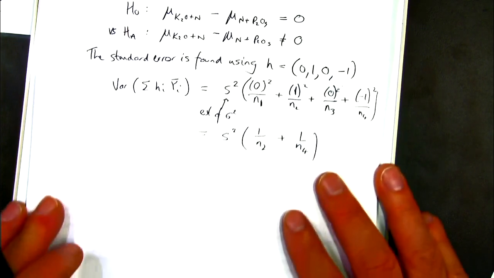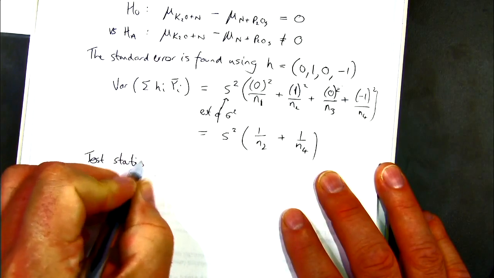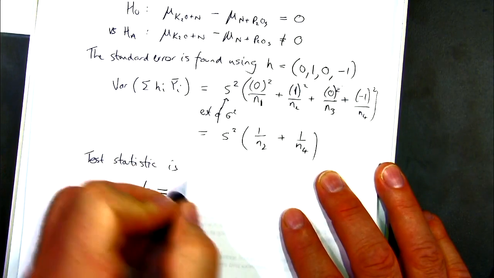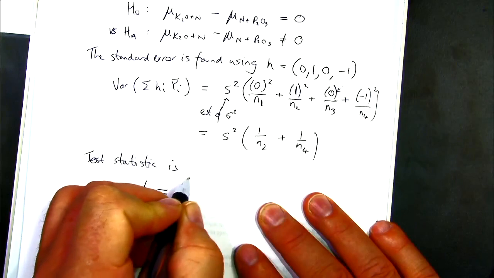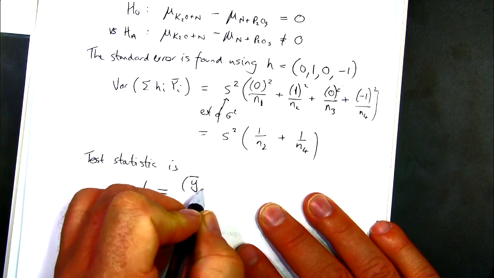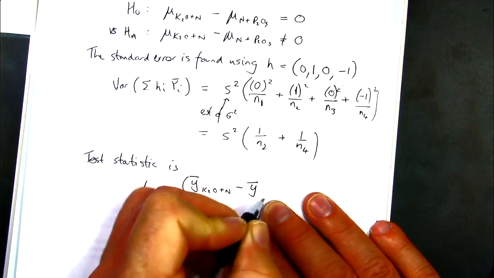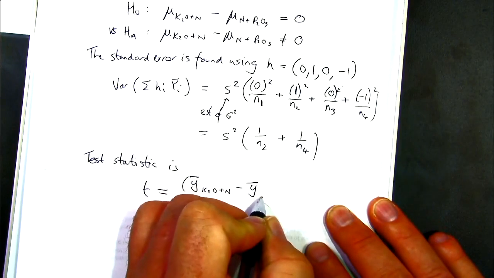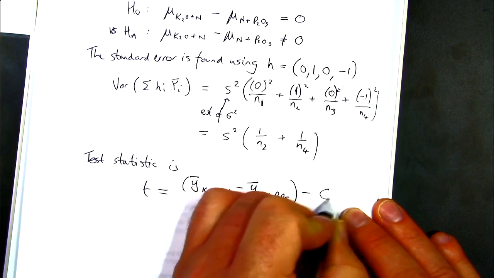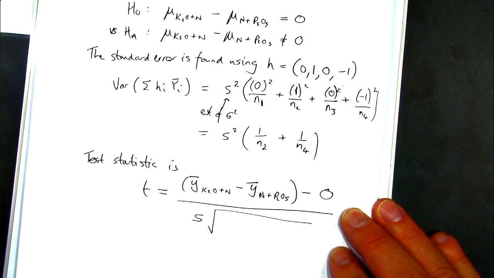And how do I finish off the test? Well, the test statistic is T equals the observed difference minus 0 over the square root of, I can bring the S out the front.